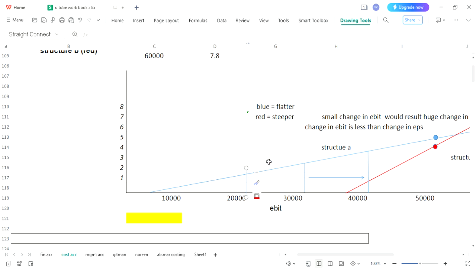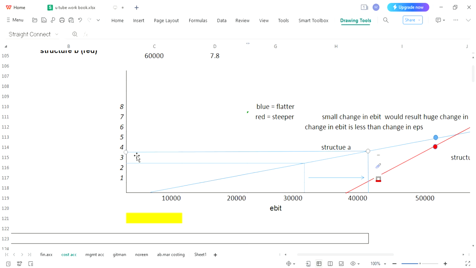Okay. So here you have your first point present over here and your second point would lie over here. This is your first change, and for the second change you will see this is your first point and the second point is present over here.